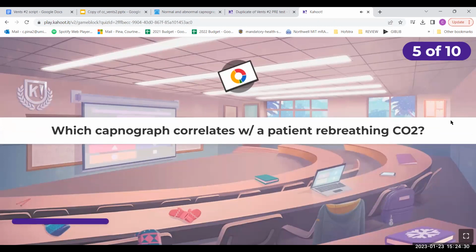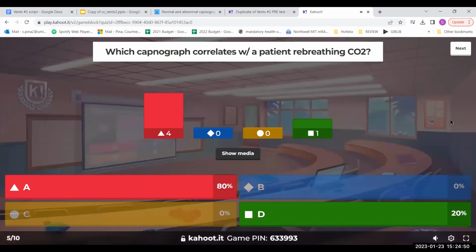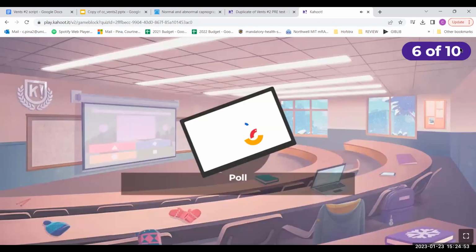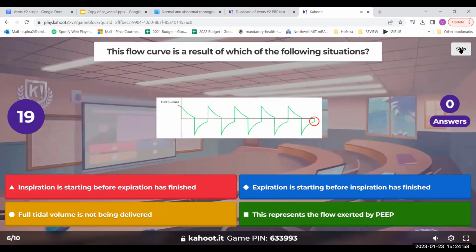And then which one would correlate with a patient rebreathing CO2? And then, looking at this flow curve, which of the following situations are represented?